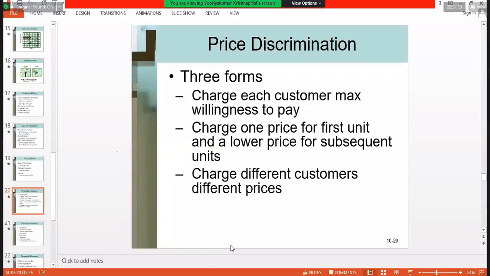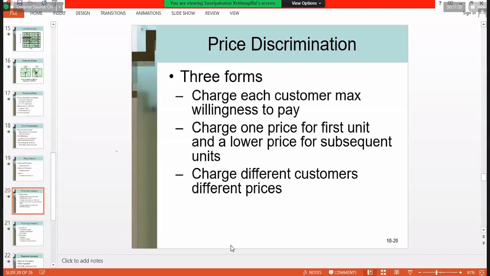Each consumer has a maximum willingness to pay for each quantity; individual demand says the consumer's willingness to pay. So this monopoly can sell each unit to each customer at their maximum willingness to pay, a different price for all units they sell.